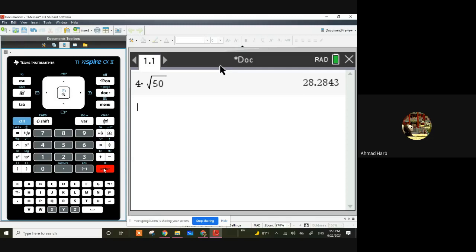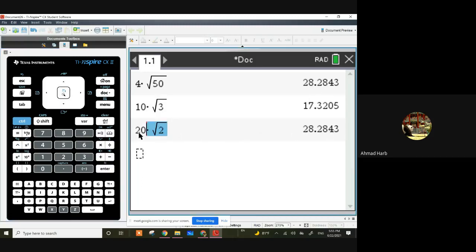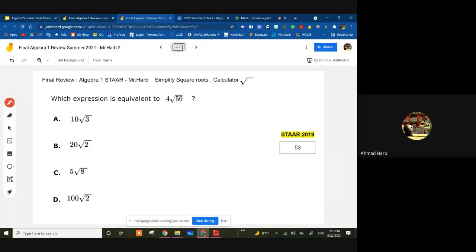The first one is 10 square root of 3. Is that equivalent to it? That's not even close. The next one is 20 square root of 2. Is this equivalent? Yes, 28, so that's the answer. So 20 square root of 2 would be equivalent to 4 square root of 50, because it's 28 for both of them.